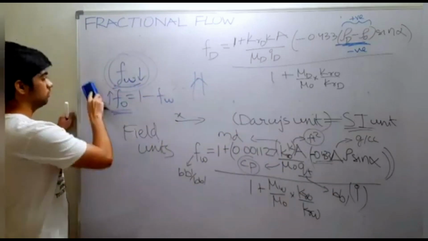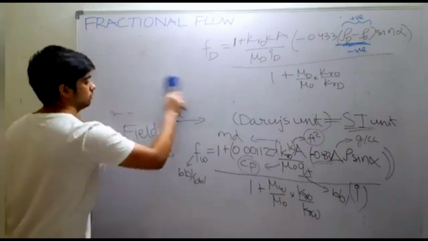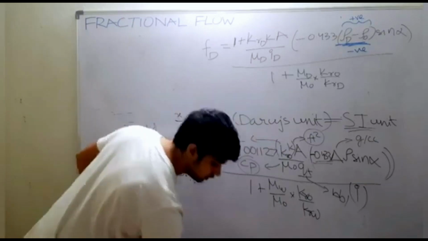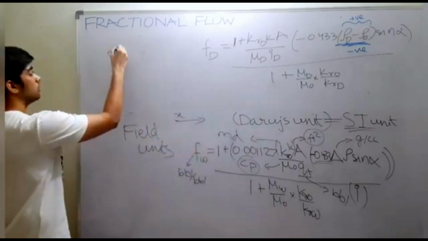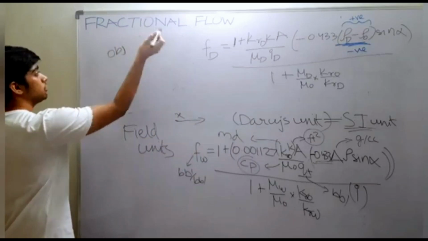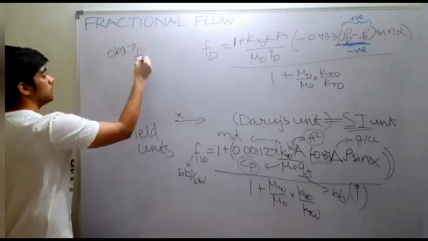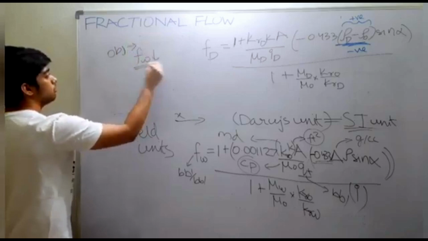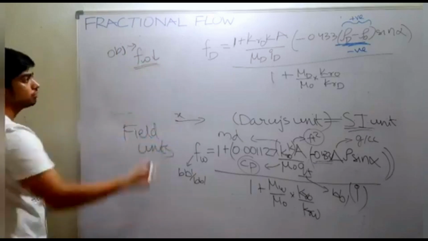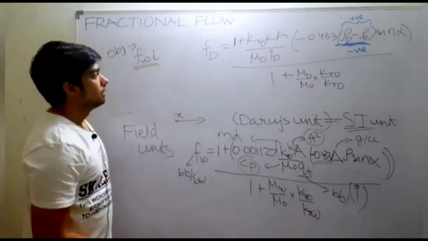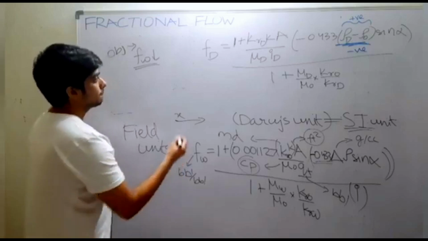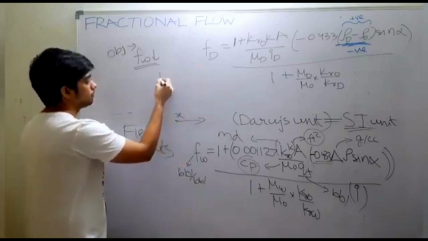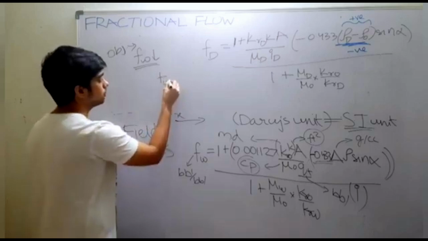So you can note down that the main objective of studying the fractional flow equation is to reduce FW, or the fraction of the displacing fluid. Now, in case of gas, let us take the case of water first.